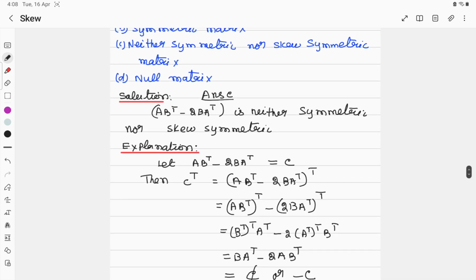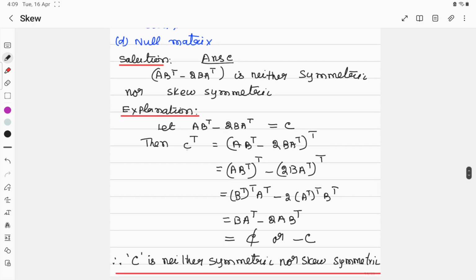Explanation. Take (AB) transpose minus 2(BA) transpose equal to some matrix C. Then taking C transpose is equal to ((AB) transpose minus 2(BA) transpose) transpose. Then it becomes ((AB) transpose) transpose and 2((BA) transpose) transpose. Then (B transpose) transpose into A transpose, minus 2 into (A transpose) transpose into B transpose.